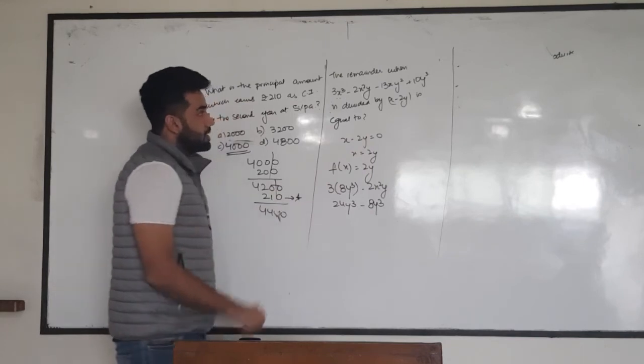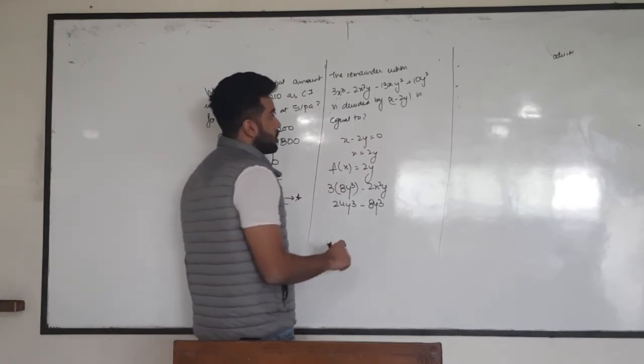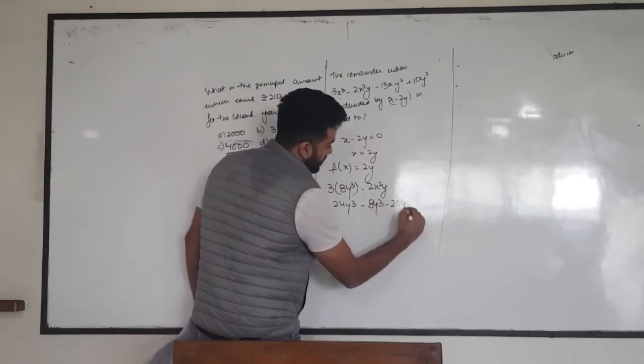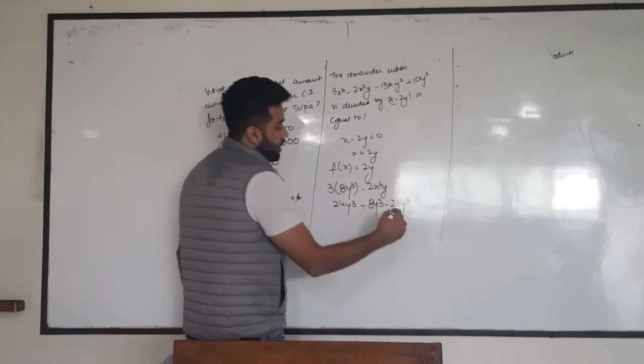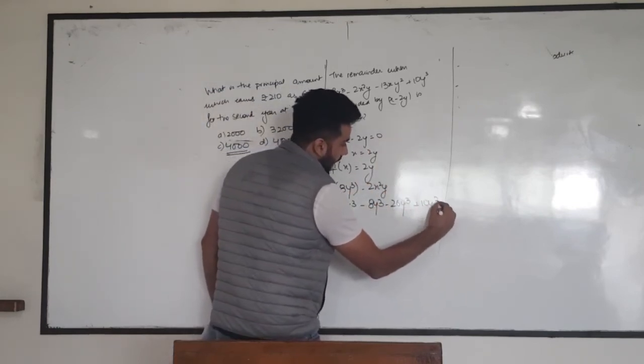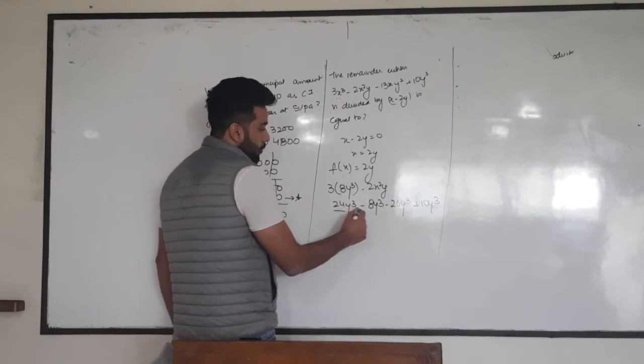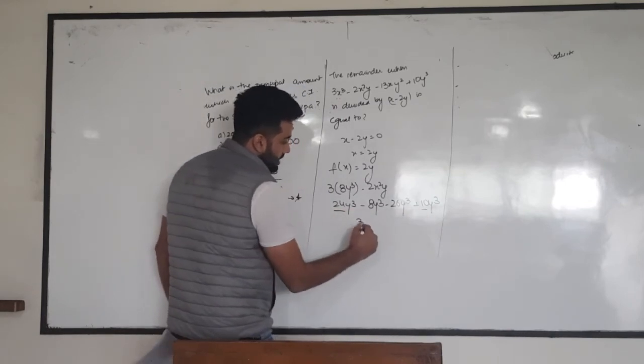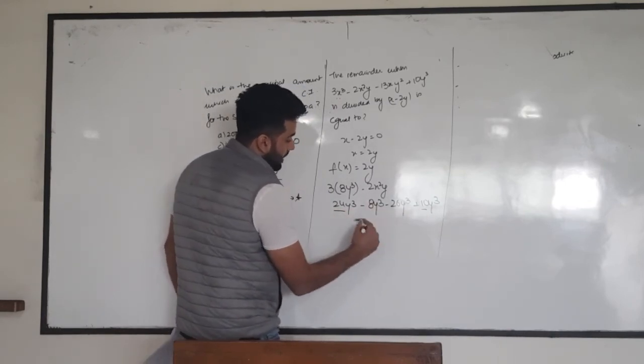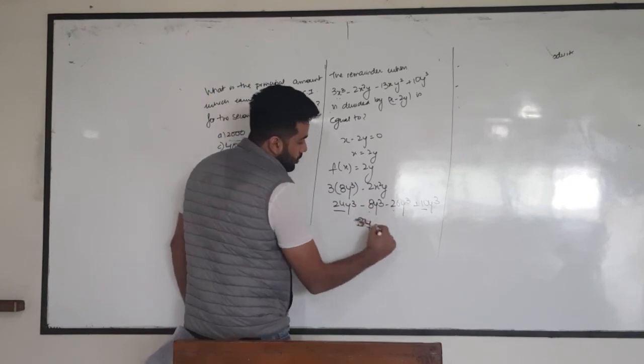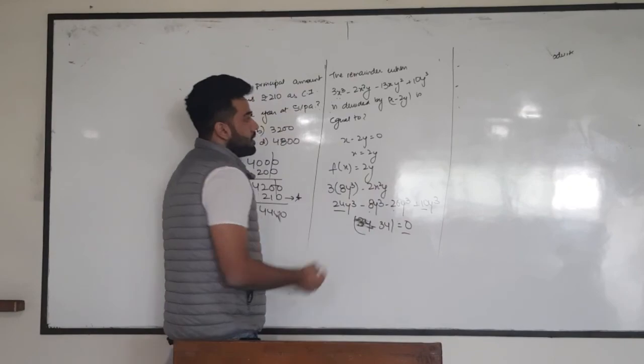Next, 13xy squared: 13 into 2 is 26, it becomes 26y cubed. 10y cubed would remain the same. Now let's add all the numbers up. 24 plus 10 is 34. 8 and 26 is again 34, with y cubed common, so the answer comes out to be 0.